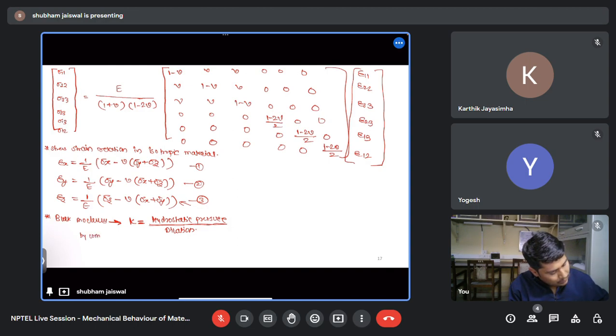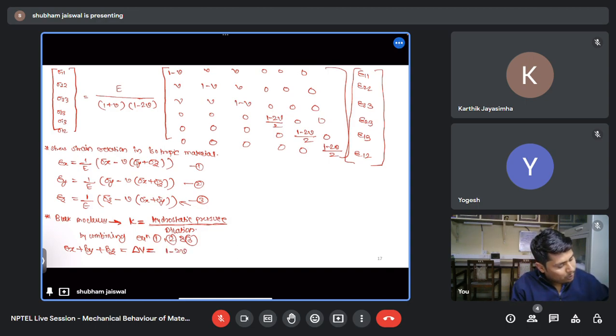By combining equation 1, 2 and 3, epsilon x plus epsilon y plus epsilon z is nothing but dilation. So it comes out to be 1 minus 2 mu divided by E, sigma x plus sigma y plus sigma z.